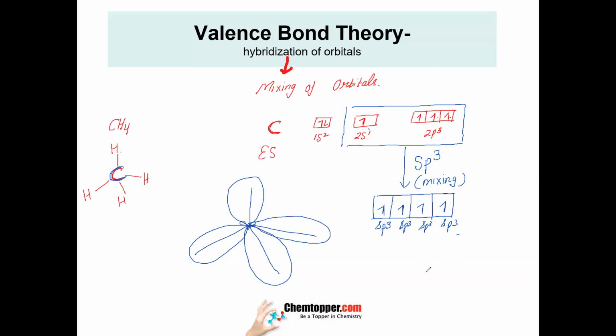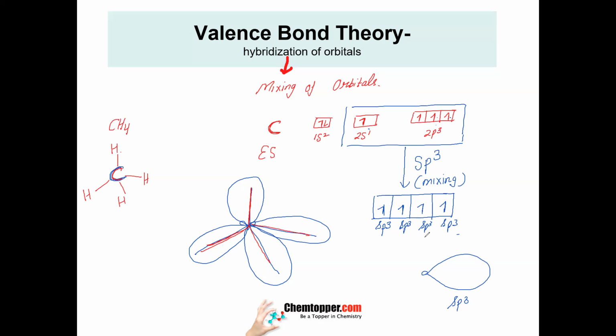So the shape of the sp3 orbital is like this. This is one of the sp3 orbitals, and there are four of them. So put them on a tetrahedron.